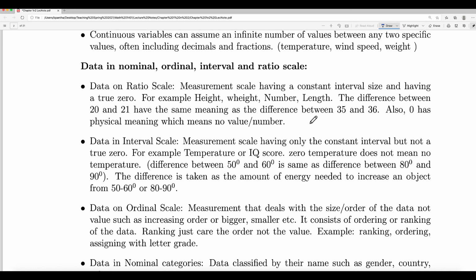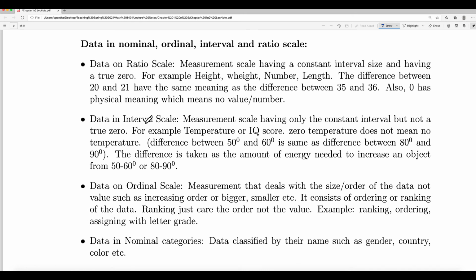So the data on ratio scale have the constant interval size and also the true 0, meaning 0 has a meaning there. But the data on interval scale is a measurement scale having only the constant interval but not a true 0. For example, the temperature or the IQ scale. 0 temperature does not mean no temperature. 0 temperature means there is a temperature, right?